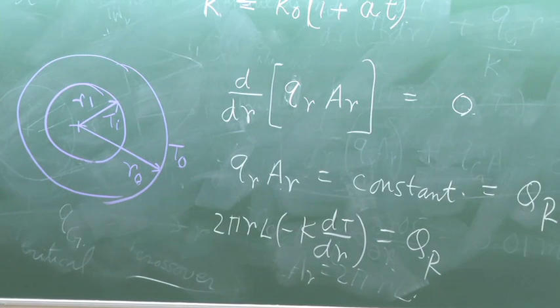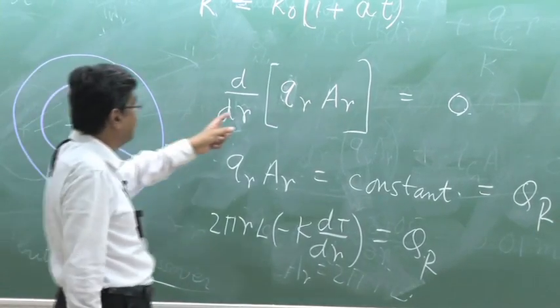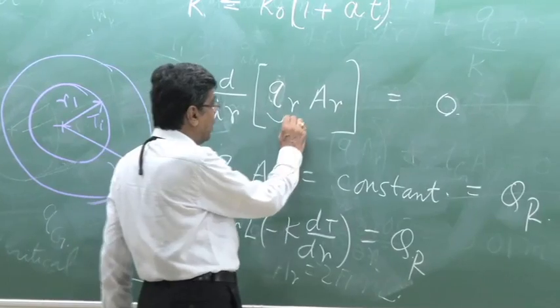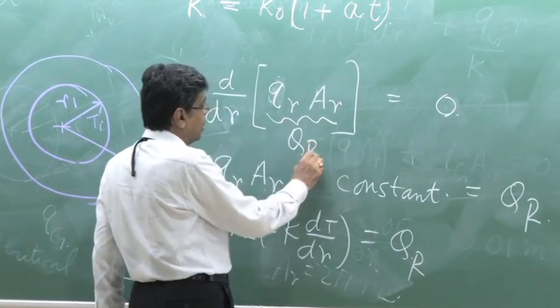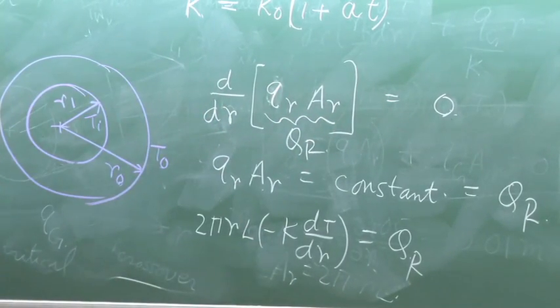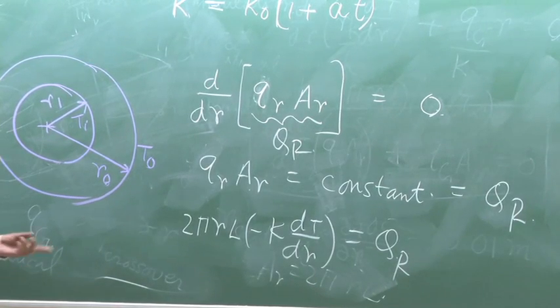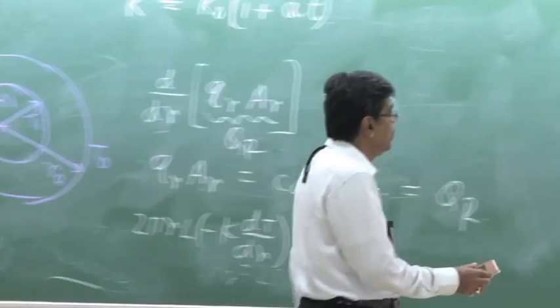Clear? Total rate of heat transfer through any area is constant, because this equation tells that. So Q_r is minus K times 2 pi r L dT/dr.